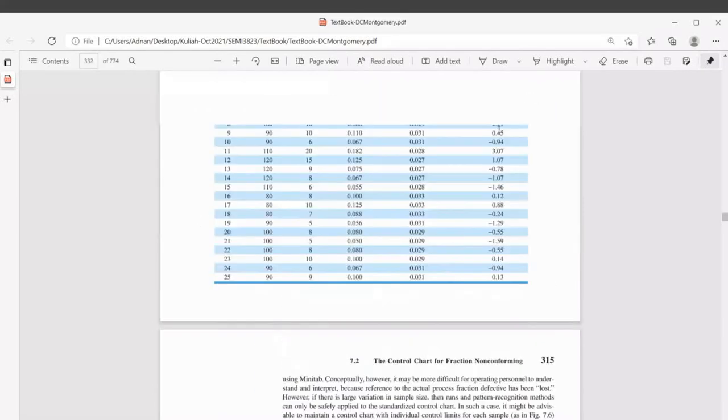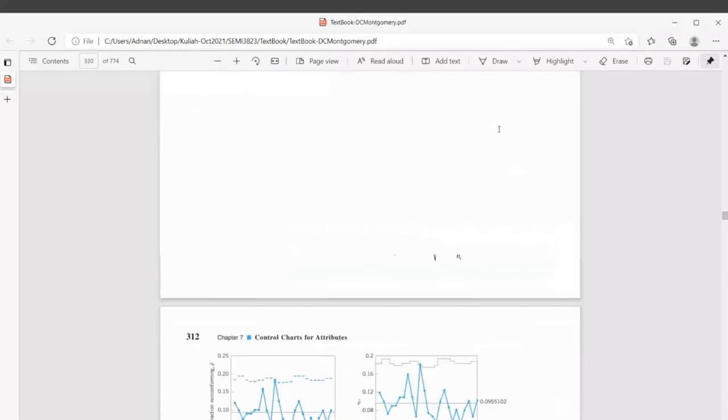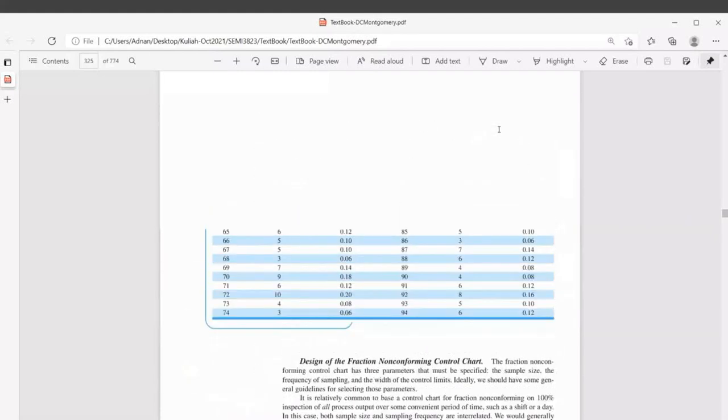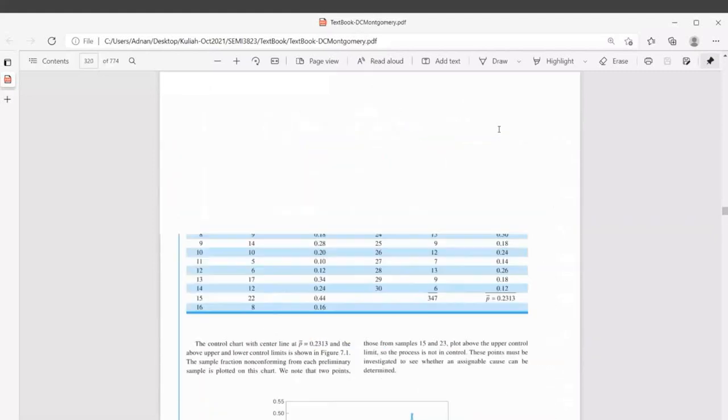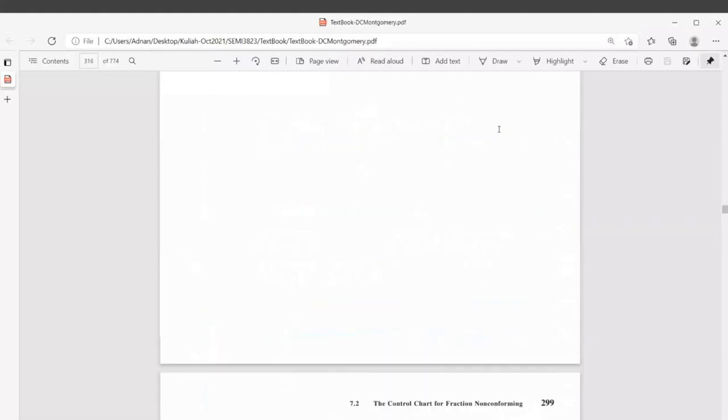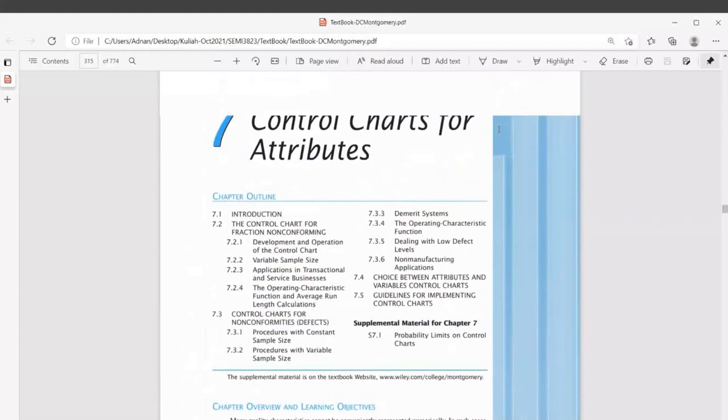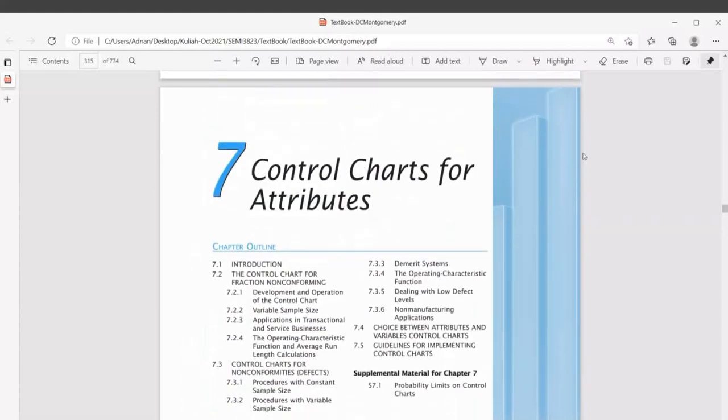I skipped it earlier because we needed more time to discuss variable, but this one is becoming simpler and easier, because the data is not measured numerical values, but just counting. We just count how many.